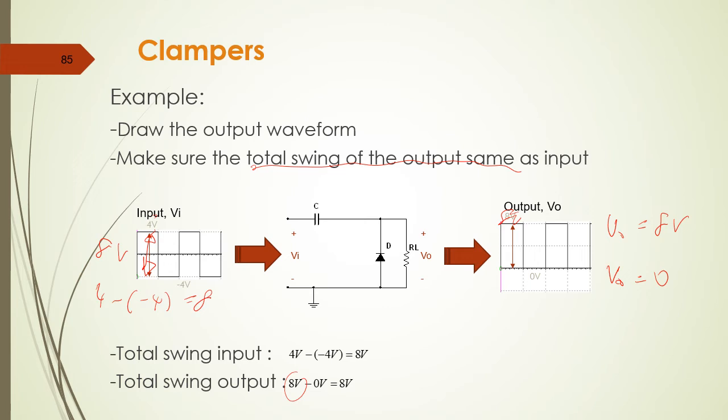I repeat again, when it is in positive cycle, it is off state, so the value of output is 8 volt. When it is in negative cycle, the diode is in on state and the output voltage will be 0. So you can see that you have 0 volt and this is 8 volt.